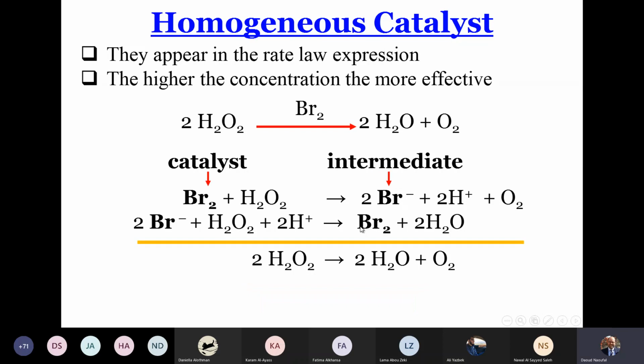Br minus is a substance that is not present in the equation of the reaction. Br minus is a substance that appears in one step, then disappears in another step. So Br minus is an intermediate.